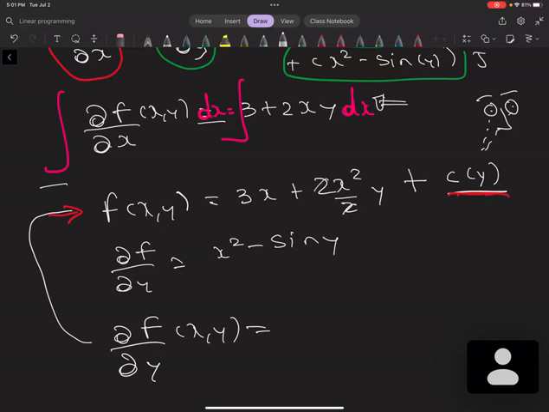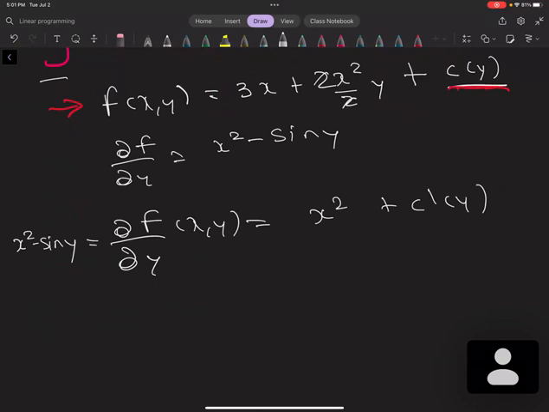The derivative with respect to y of this will be x squared, and the derivative of c of y gives plus c prime of y, right? But on the other side it is x squared minus sine of y. So the x squared cancels, and you get minus sine of y equals c prime of y.